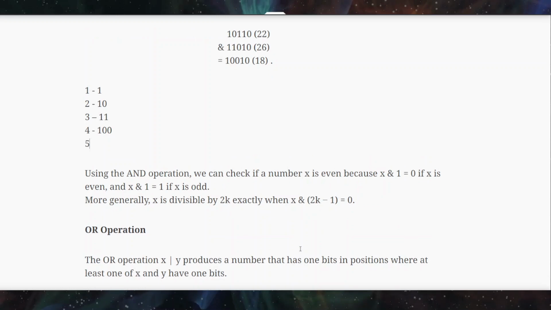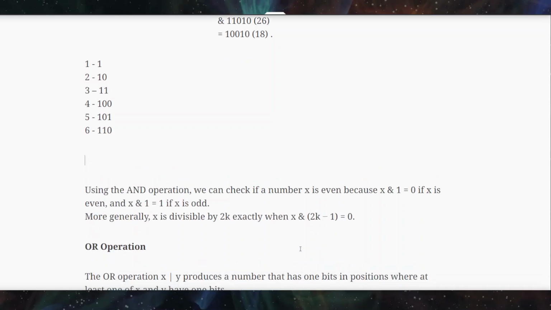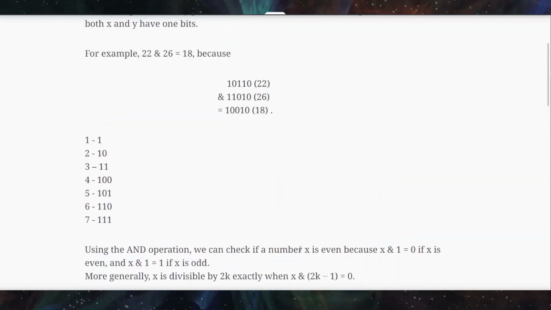For 5 it is 1 0 1, for 6 it is 1 1 0, and for 7 it is 1 1 1. So you can see that every odd number has the last bit as 1. For 1 there is only one bit, so we can't differentiate there. For 3 you can see 1 1, the last bit is 1. For 5 the last bit is also 1. For 7 the last bit is also 1.